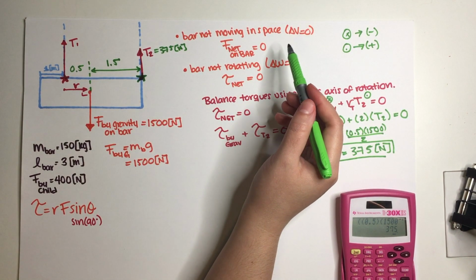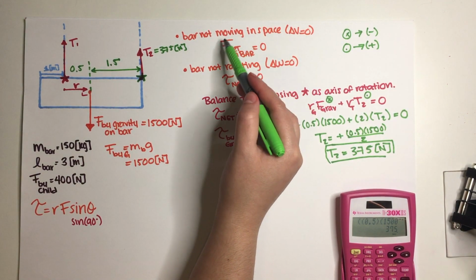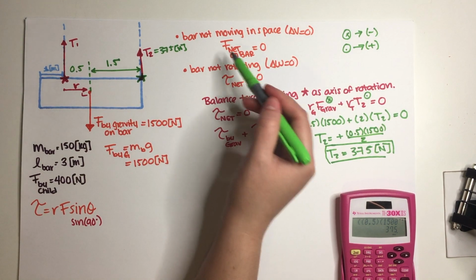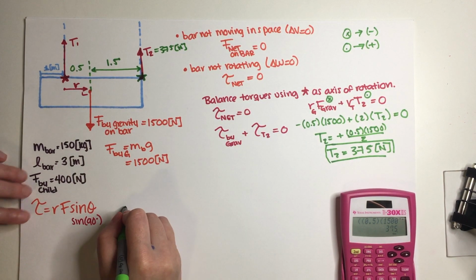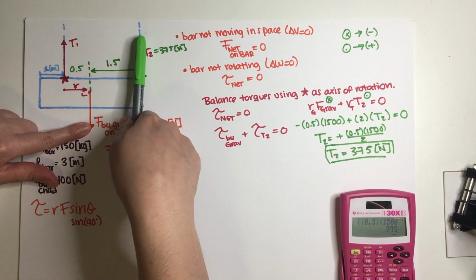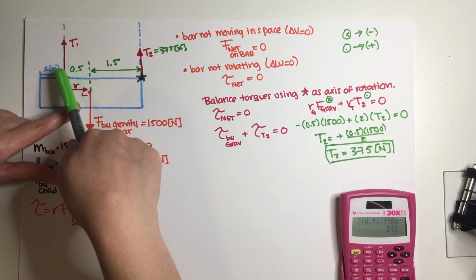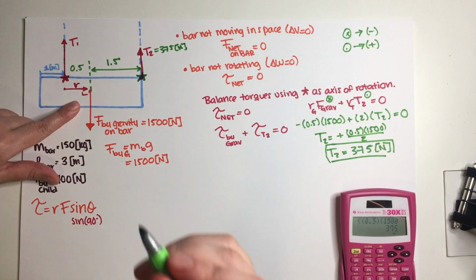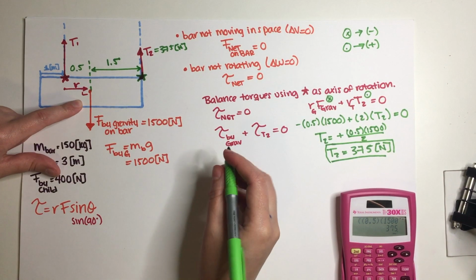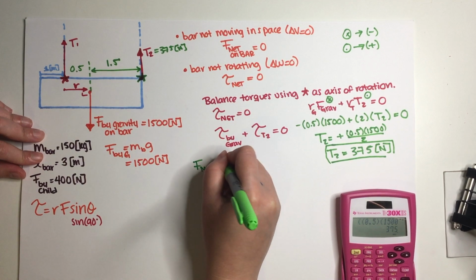The other thing that you could use is the fact that the bar is not moving in space, which means that all of the forces acting on the bar have to add up. So up to this point, we have a force going down 1500 and a force going up of 375. And because this plus this plus this have to add up to 0, because the net force has to be 0, then we can use that to figure this out. So let's just go ahead and write it.